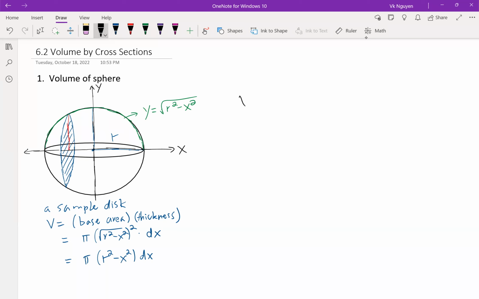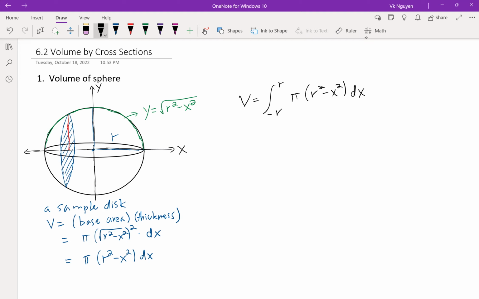The volume is, we add up these sample disks or cross sections. Integral from negative r to r of pi times r squared minus x squared dx.